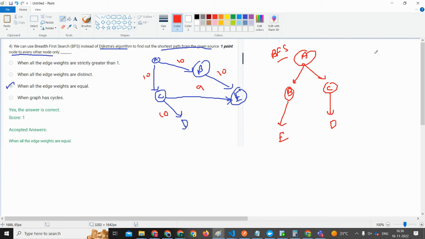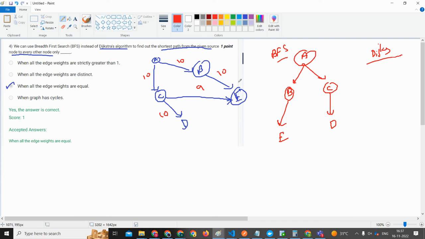So let's go to Dijkstra's. According to Dijkstra's algorithm, if we are starting from vertex A, we have to take the minimum weight.